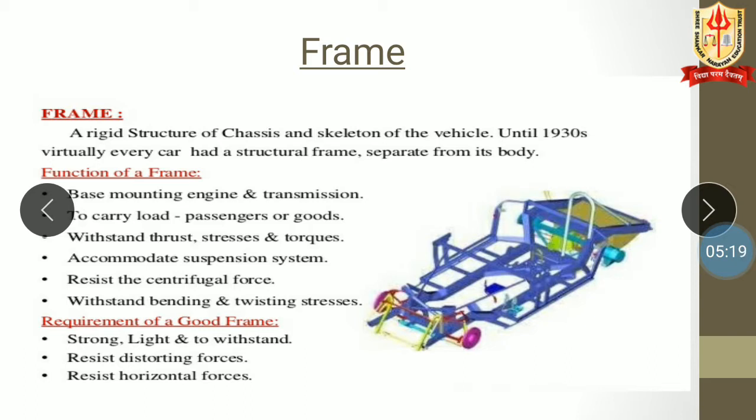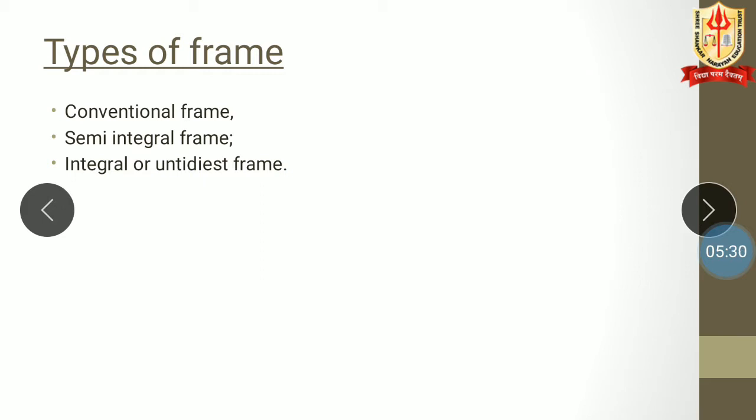Accordingly the load is going to be exerted, so withstanding that load is the basic function of this frame. Now, types of frame. We have three types of frame: conventional frame, semi-integral frame, and integral or unitized frame.